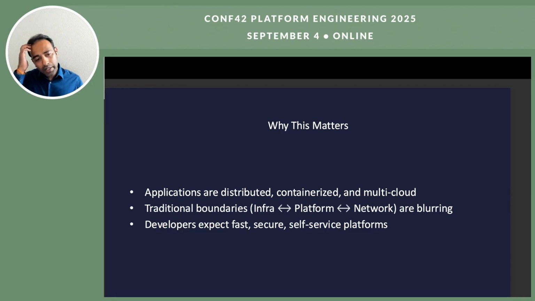That makes the clear lines between infrastructure, networking, and applications blur together, right? Because the requirements change every day, we have to see how we can align these things and make them better to deploy. Today, developers are expecting something different. They want platforms that are fast, secure, and self-service without needing to worry about the plumbing underneath.